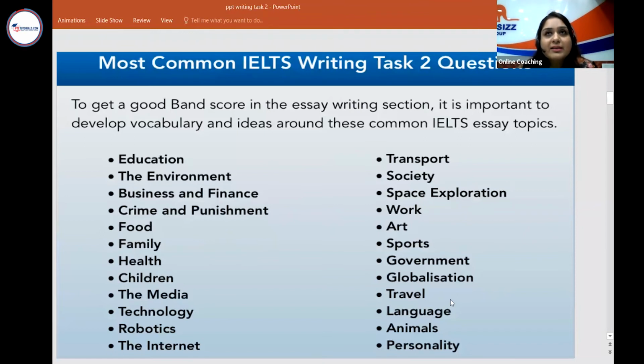Many students get into a dilemma about what topics they are going to write about.